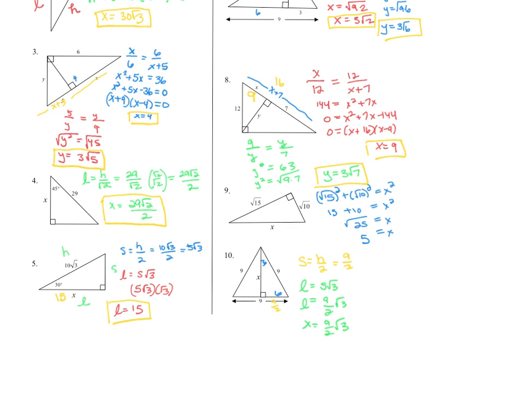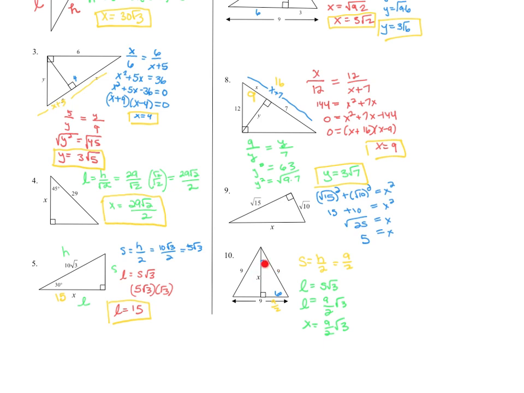In number 10, we are looking at a 30, 60, 90 triangle inside of this equilateral triangle here. And so we are given our hypotenuse, and we're actually looking for the long side.